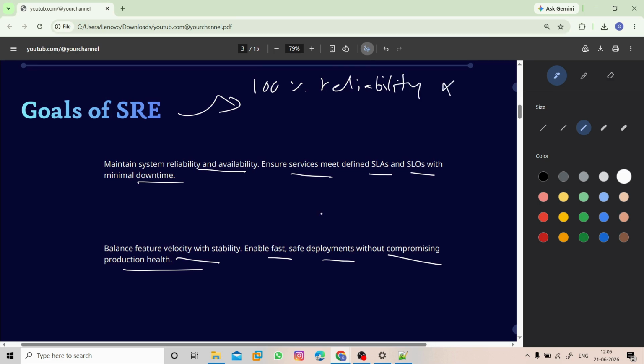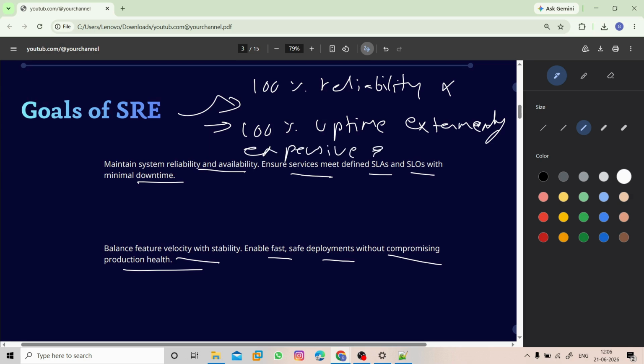Achieving 100% uptime is extremely expensive and slows innovation.